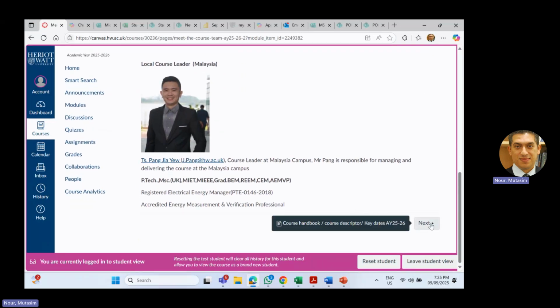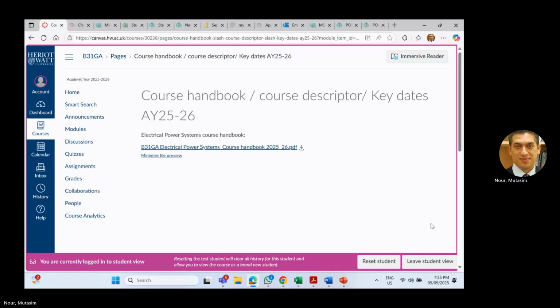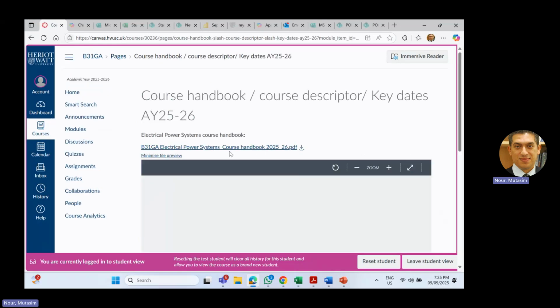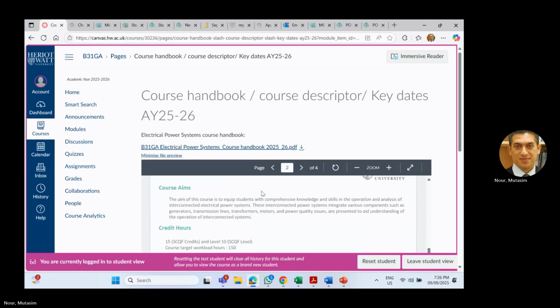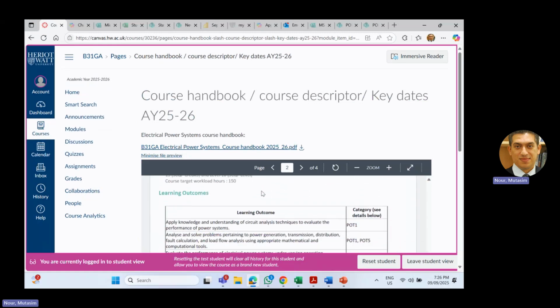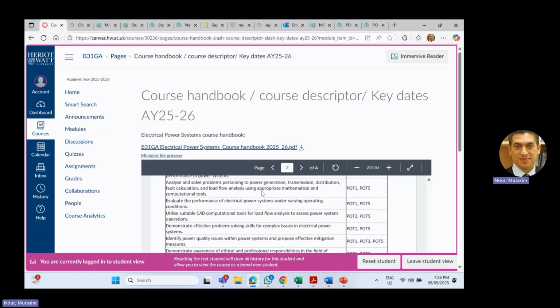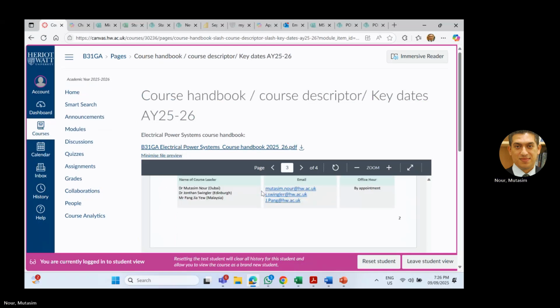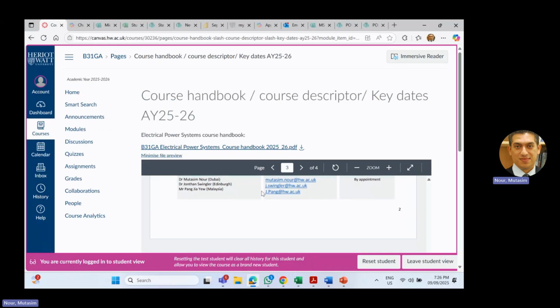If you move next, this is the course handbook, which basically summarizes what we discussed just now. If you look at the learning outcomes, here are the course aim, credits 15, learning outcomes. These are the emails of the lecturers.